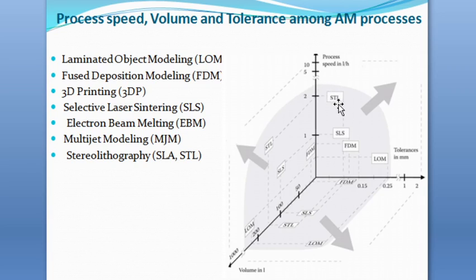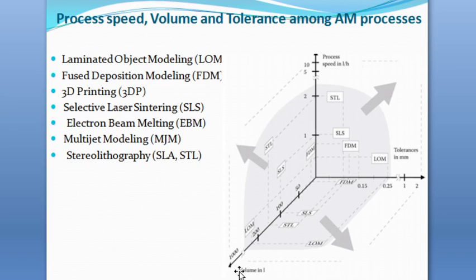It is reduced in SLS, FDM and LOM. LOM has high tolerance, so it produces less accurate parts, and process speed is also less. STL has high accuracy and high process speed.